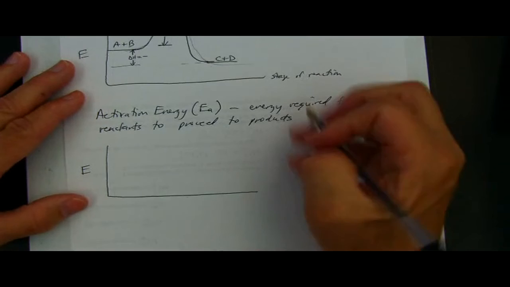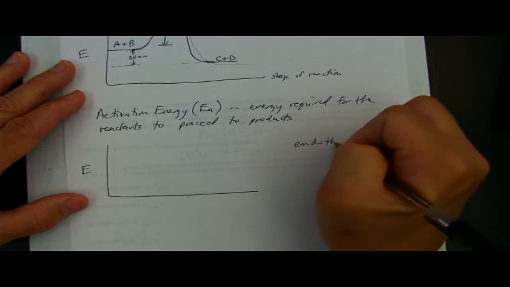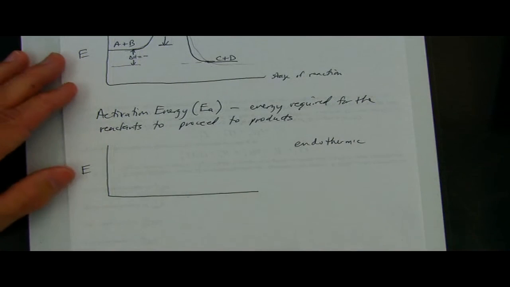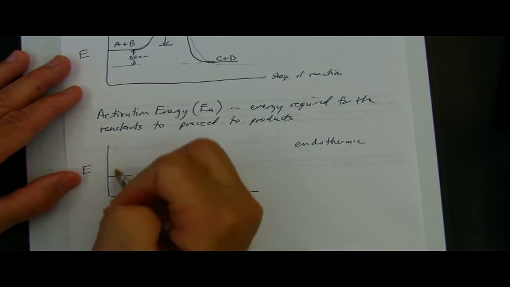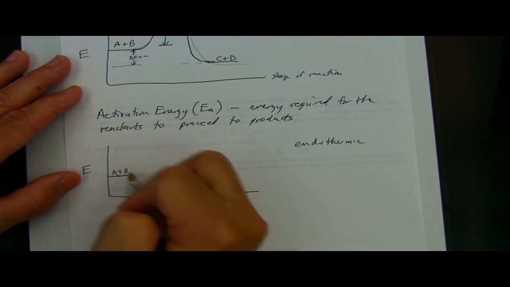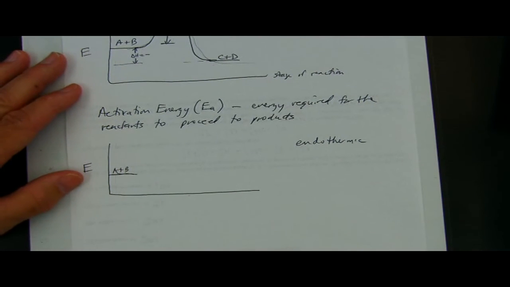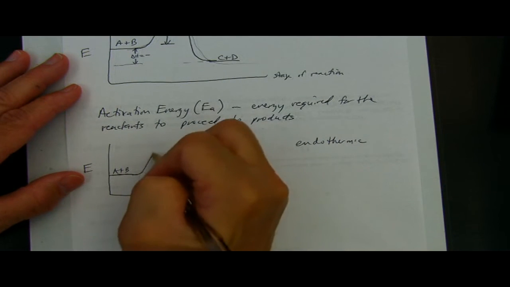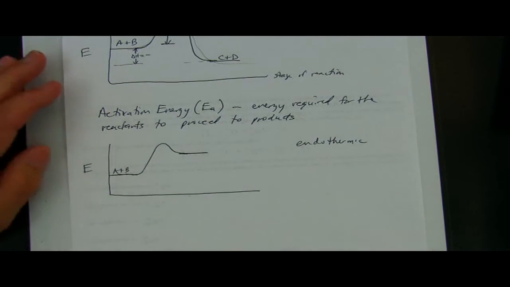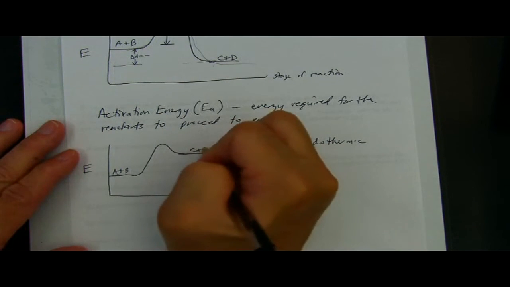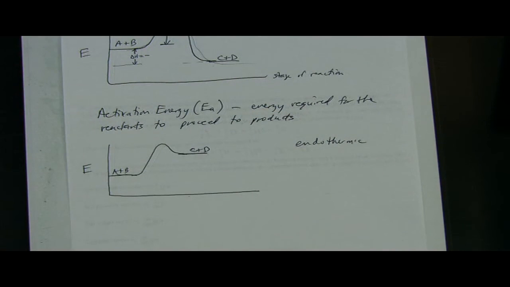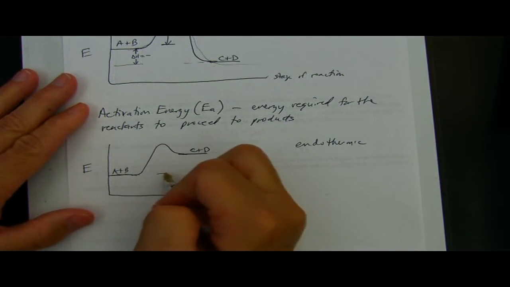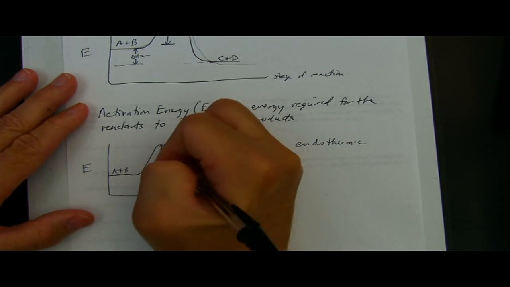If it's endothermic, here's my reactants, A plus B. Where are my products going to be? Higher now. So you'll have that going to form C plus D. And this value right there, what do we call this?